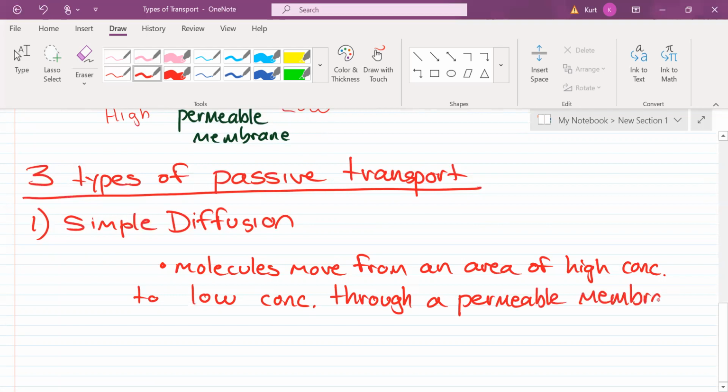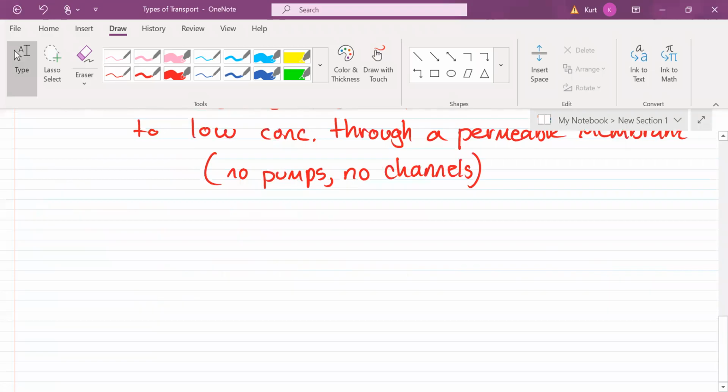Now, I'm going to put something parenthetically, that means in parentheses, no pumps, no channels. All right? Just straight through the membrane. Now, we need to be very clear about something here. This is going to stop when equilibrium is reached, which generally means it's even on both sides.